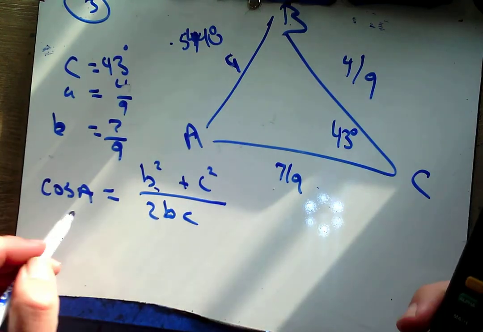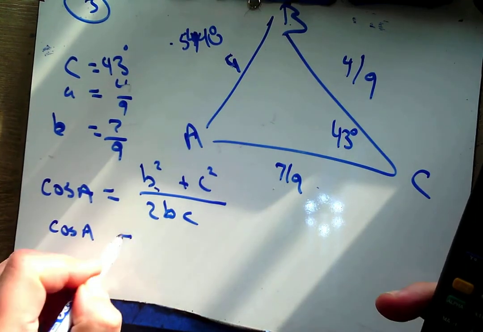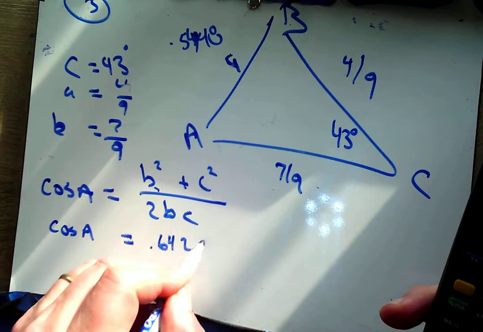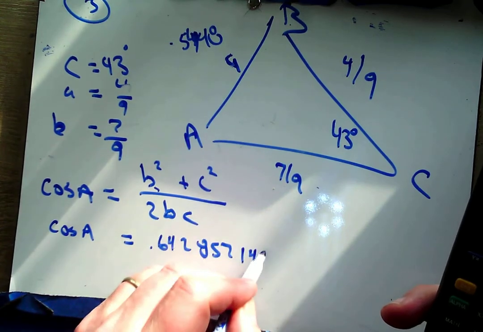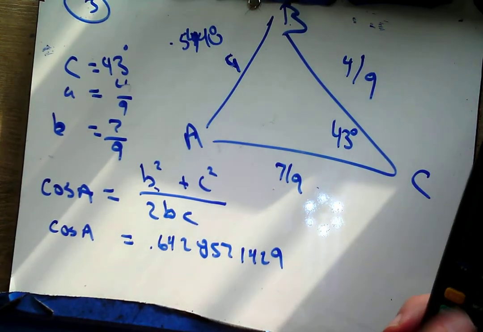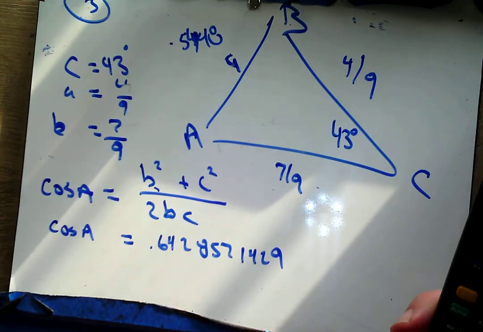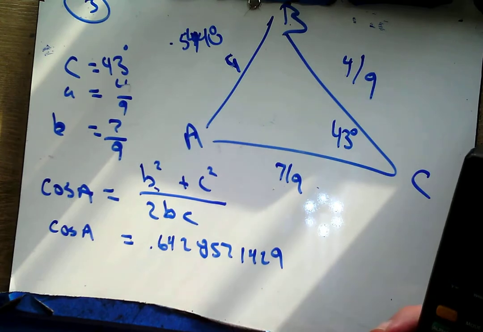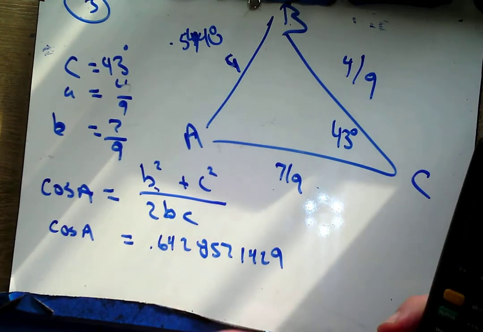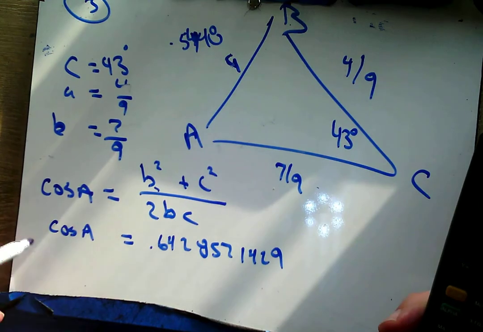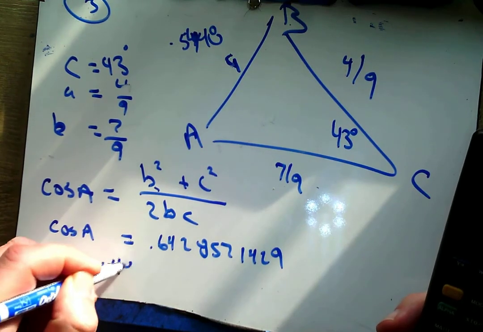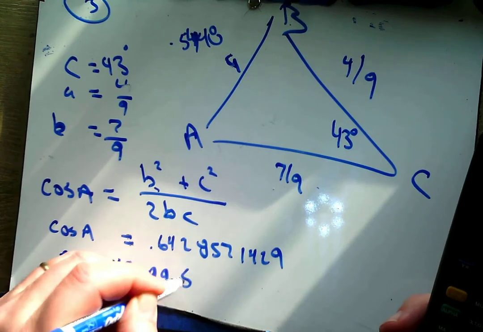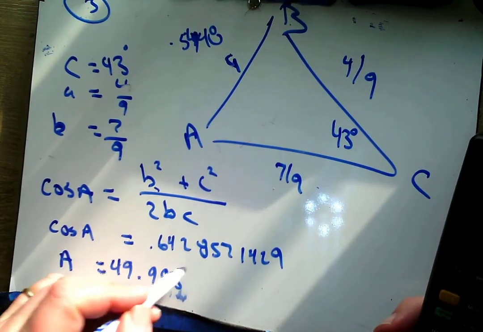Okay, cosine A equals 0.642857. If we do the inverse cosine of both sides, I take the inverse cosine of that answer, and it looks like A is 49.995 degrees.